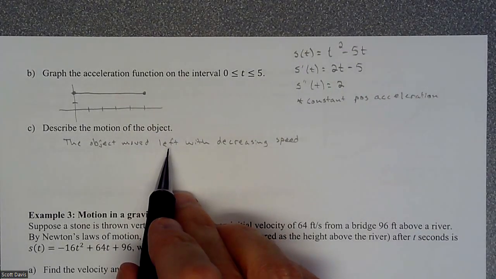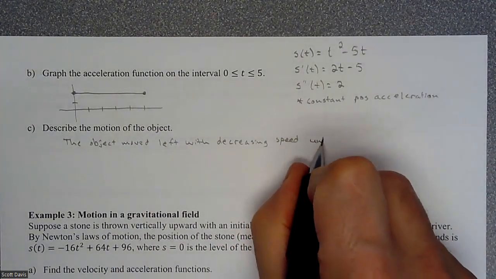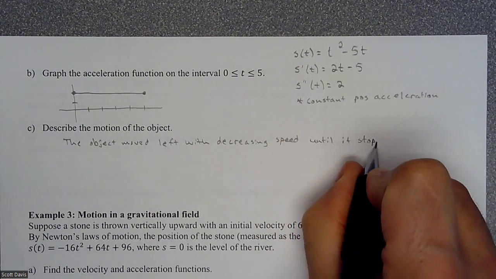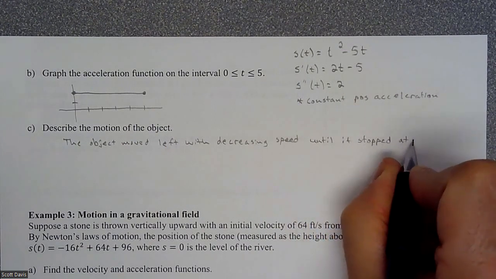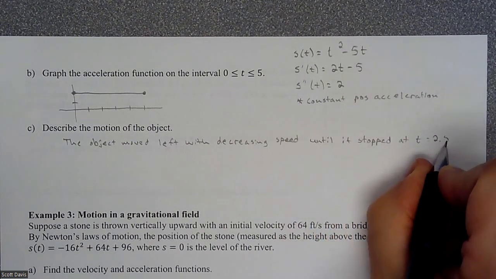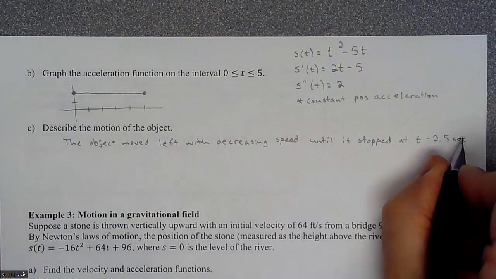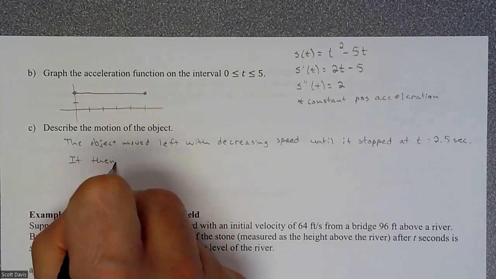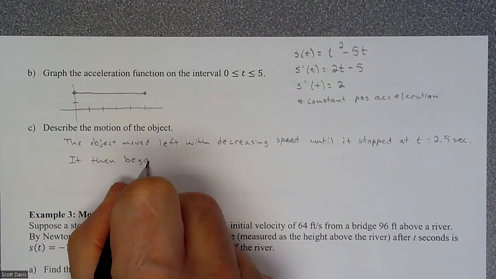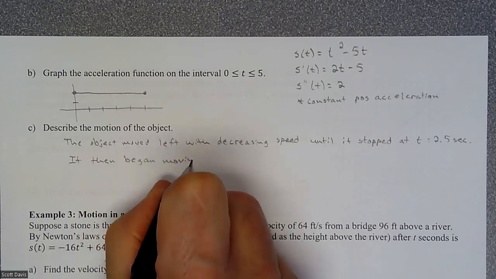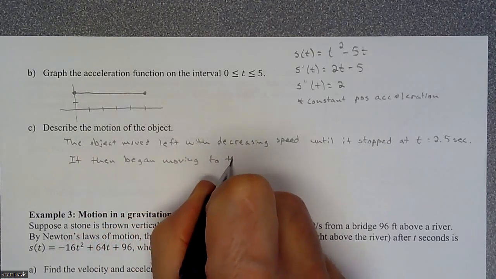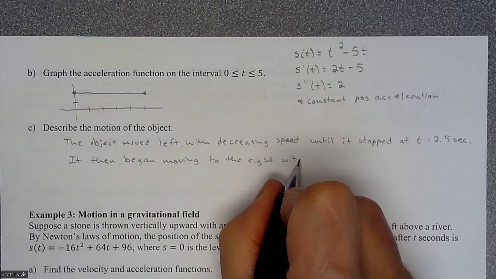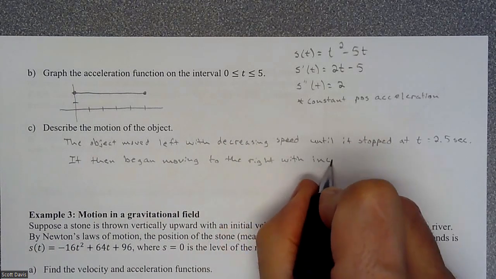It was moving left until it stopped at t equals 2.5 seconds. It then began moving to the right with increasing speed.